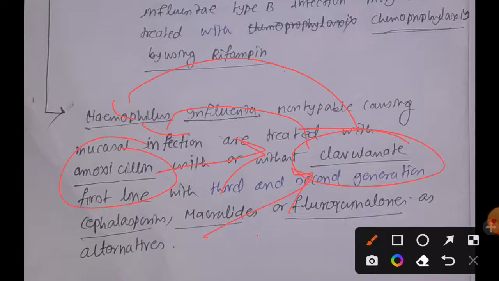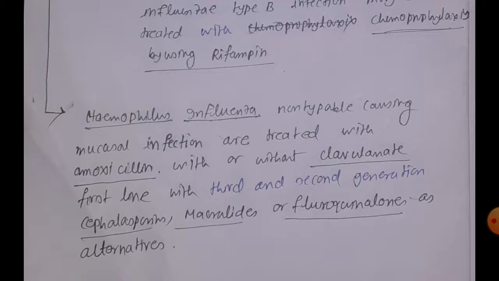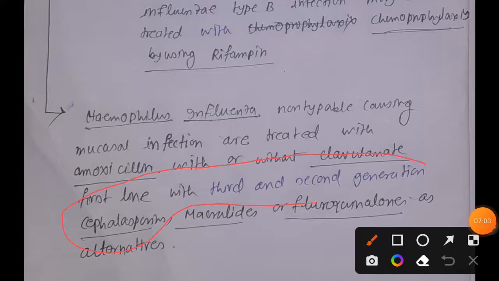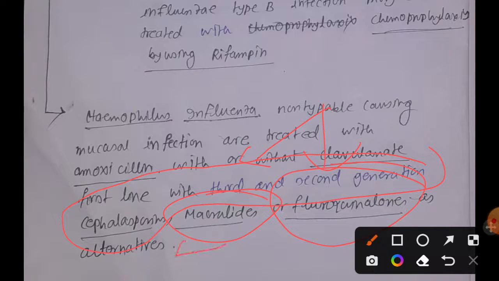This is used as a first line drug. You can also use second and third generation cephalosporins. I think you remember that second generation is used for gram positive infections and third generation for gram negative infections. Along with that, you can use macrolides and fluoroquinolones as alternatives.